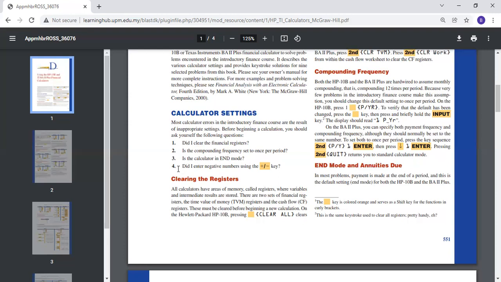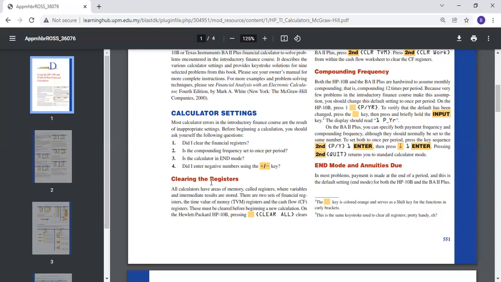And the fourth thing you need to consider: did I enter negative numbers using the plus minus? Very, very important. There are times you need to use this plus minus. If you look at your financial calculator, check the last row, the last button.